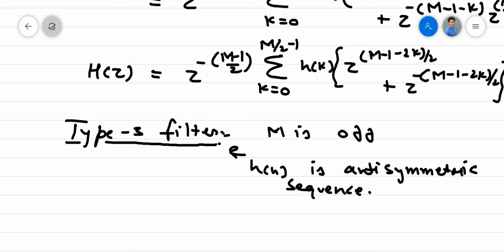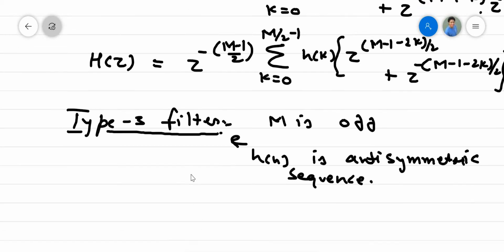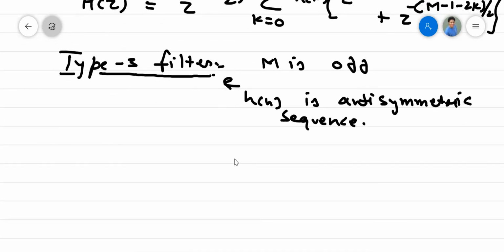That means h(n) is equal to minus h(M minus 1 minus n). And if we see, this type of filter has only a difference with type 1 filter with a minus sign, because this sequence is an anti-symmetric sequence.